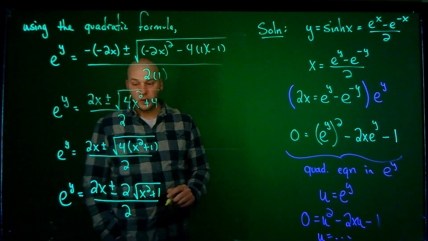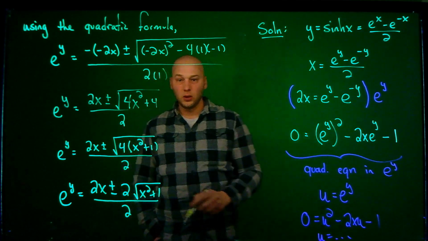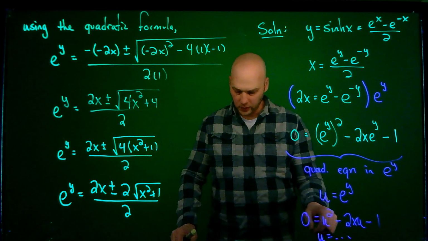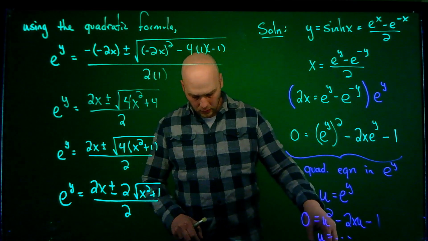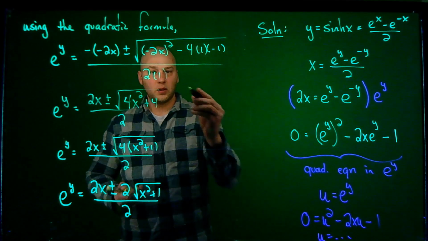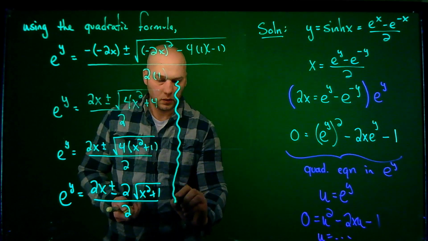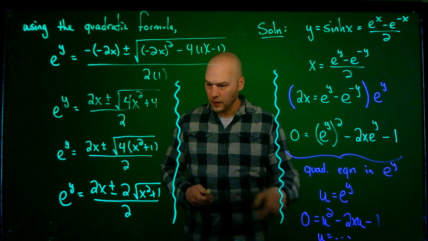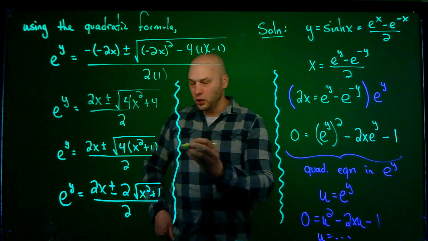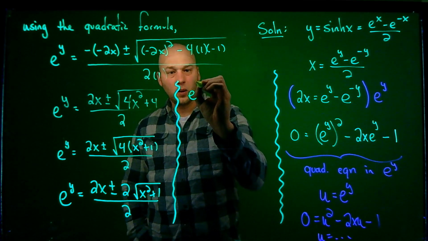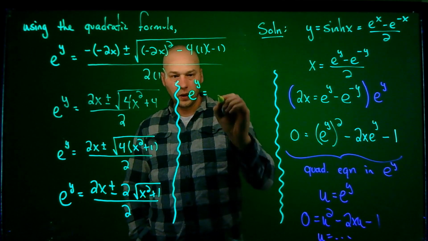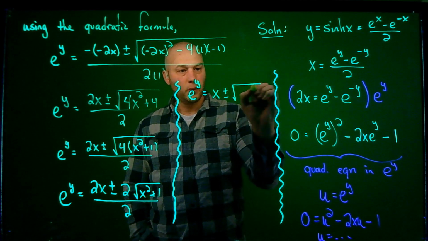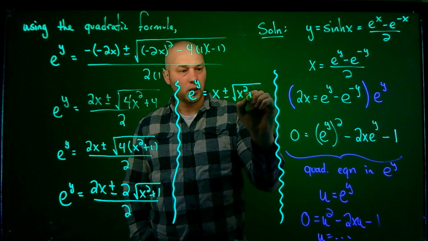What that allows me to do is cancel a factor of 2. Then if I cancel a factor of 2, I'm going to get e to the y is equal to x plus or minus the square root of x squared plus 1.